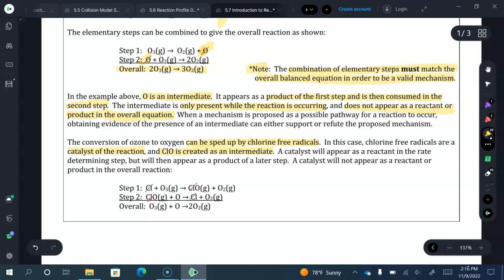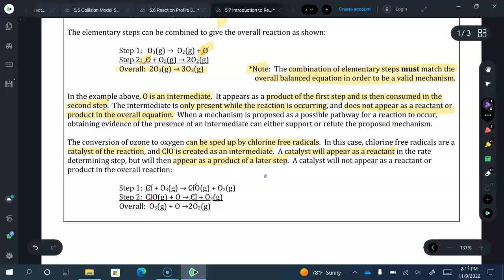A catalyst will appear first as a reactant in the rate determining step, because it's going to be the one that controls how fast the reaction goes, but then it is also reproduced, or appears as a product, in a later step. So it is first used, so it'll be consumed first, and then it's reproduced as the reaction finishes later. A catalyst also does not appear as a reactant or a product in the overall reaction.